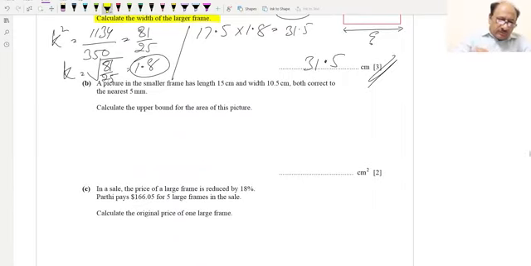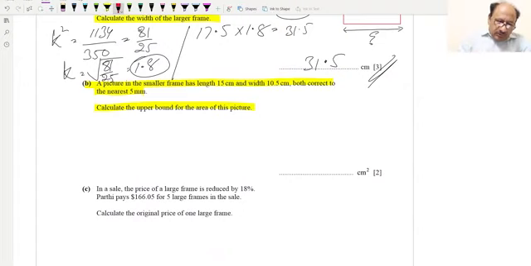Hopefully you understood this. Then they're saying the picture in the smaller frame has length 15 centimeters and the width is 10.5 centimeters, both correct to the nearest 5 millimeters. So calculate the upper bound for the area of the picture.